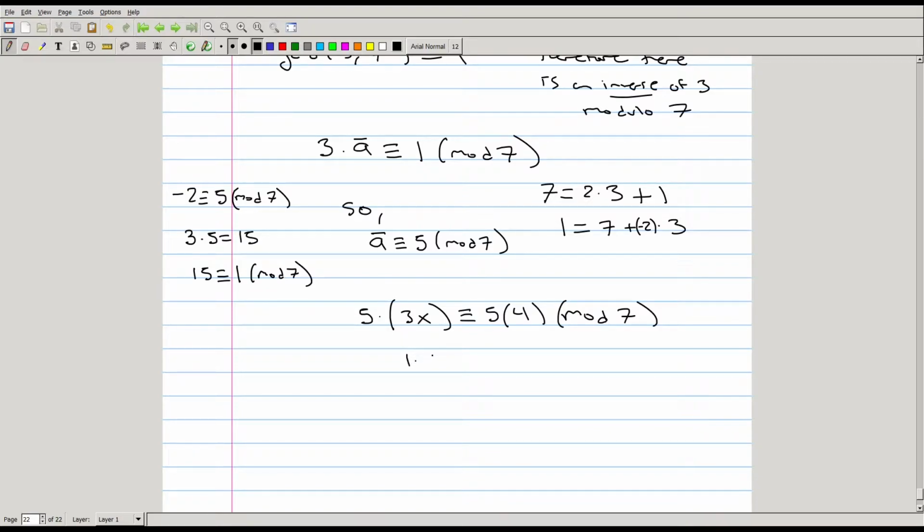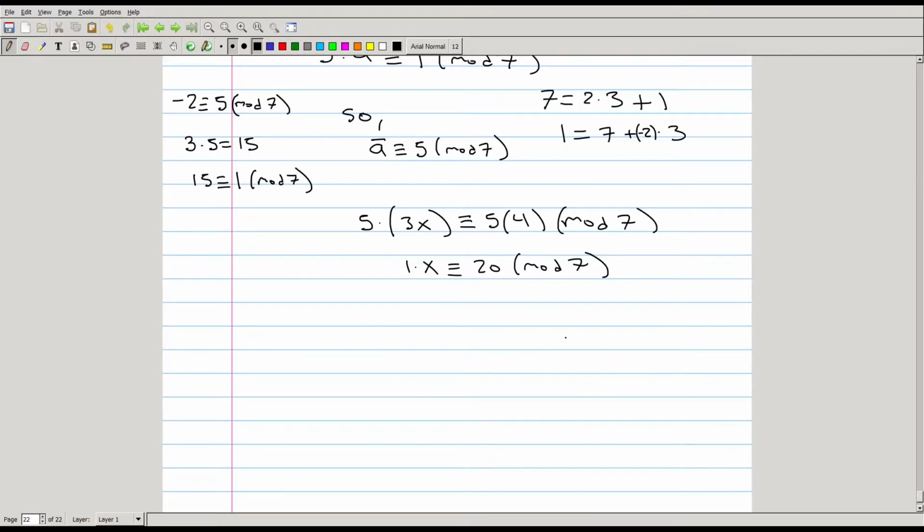This is 1 times x is congruent to 20 mod 7, or x is congruent to 6 mod 7, because 20 mod 7 is going to be 6. So we've effectively solved our congruence. We've solved for x.